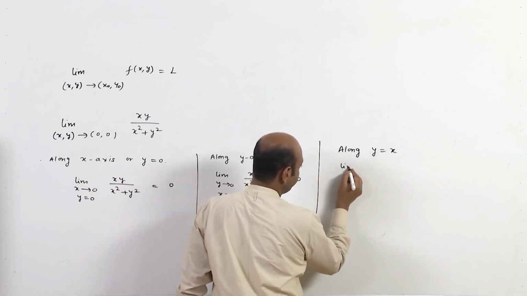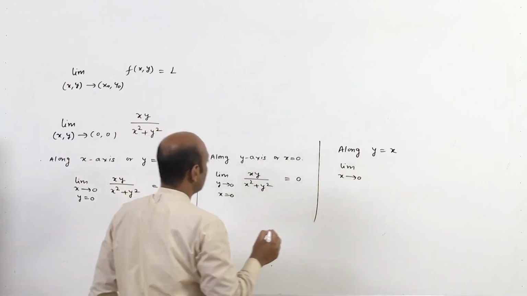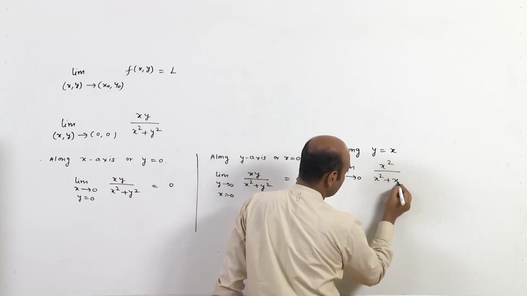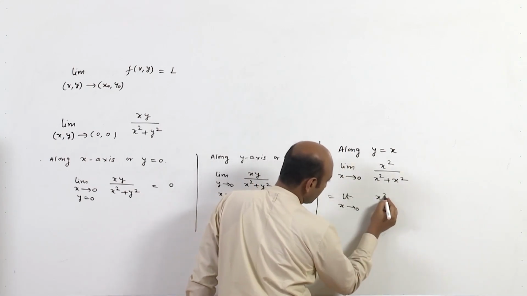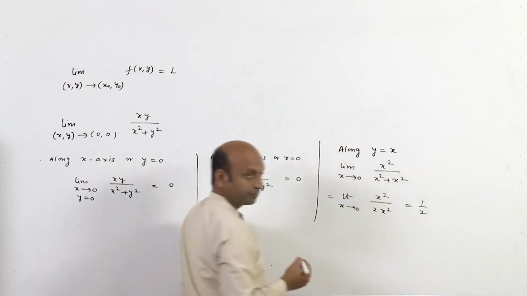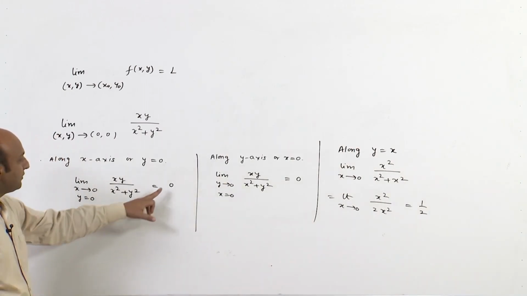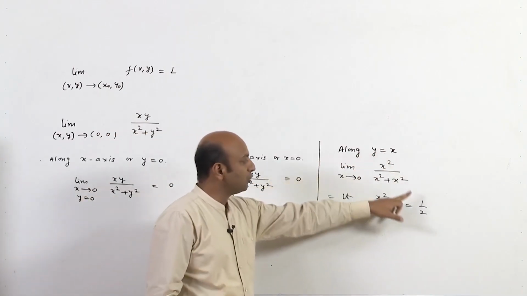then as x tends to 0, you substitute y equal to x, it is x square upon x square plus x square, which is the limit as x tends to 0 of x square upon 2x square, which is 1 by 2. Now, from this path the value is 0, from this path the value is 0, and from some other path the value is 1 by 2.